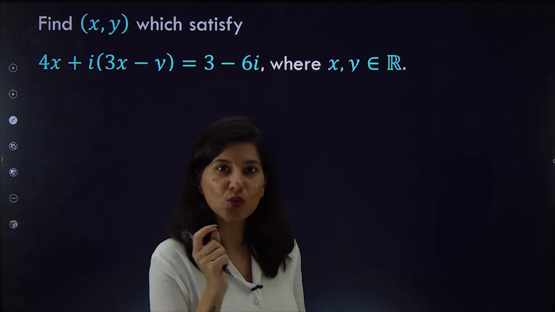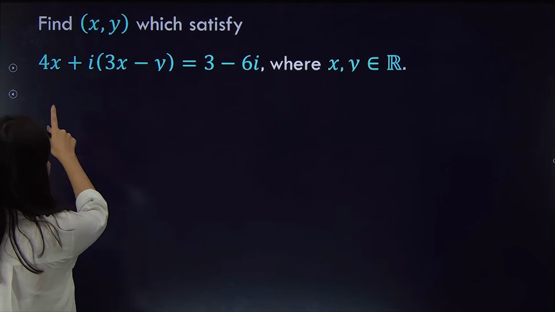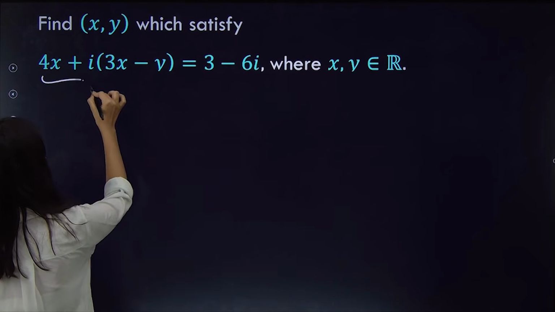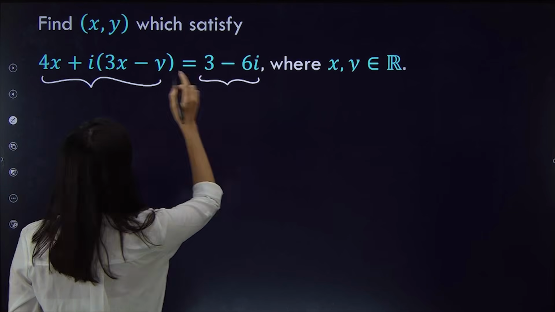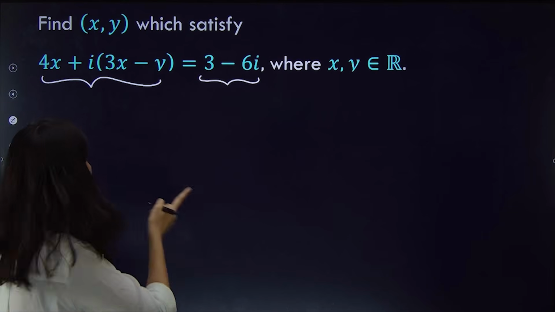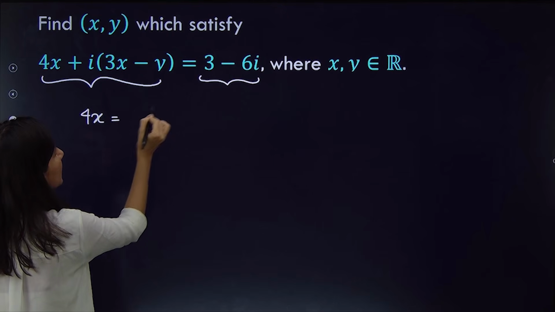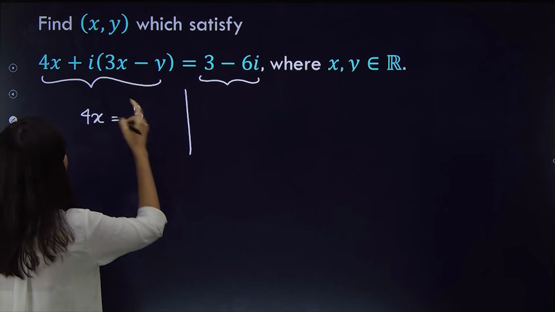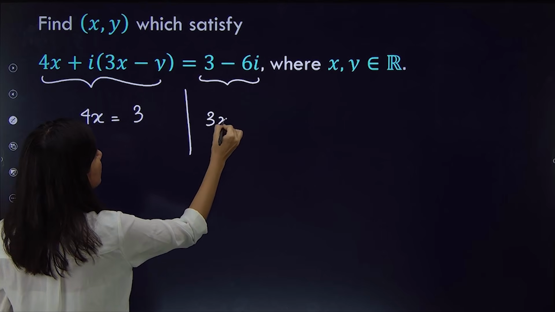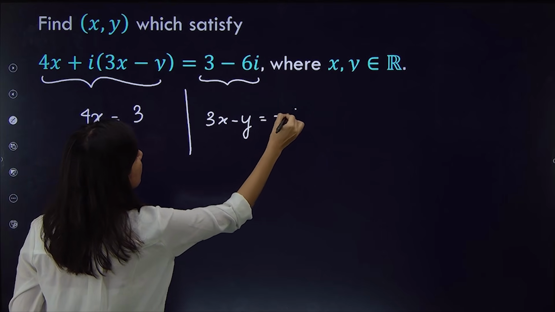Okay, let's do one question to understand this better. So suppose this is also a complex number, this is also a complex number. Now we want them to be equal. So real part is 4x, that should be equal to 3. Imaginary part is 3x minus y, that is minus 6.